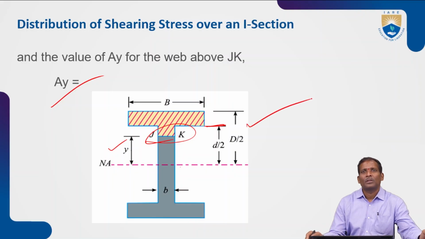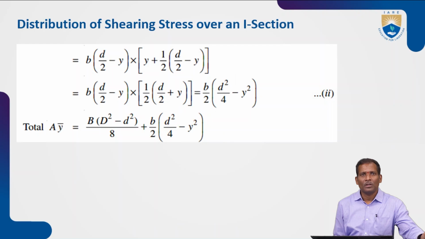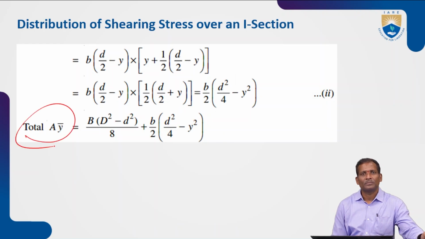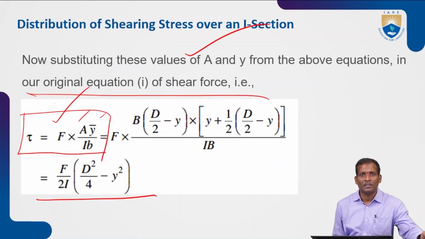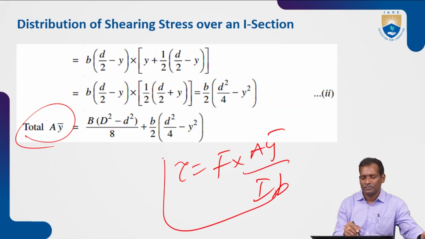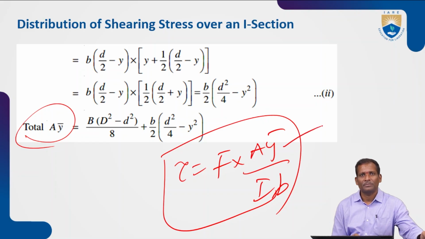Already you know the total entire depth of the section. So now the total A y bar we want, and in the shear stress equation, force multiplied with A y bar by Ib. But we know A y, but A y bar needs to be calculated.